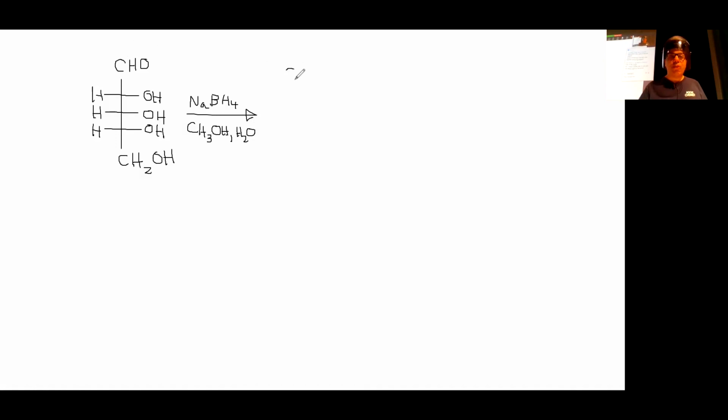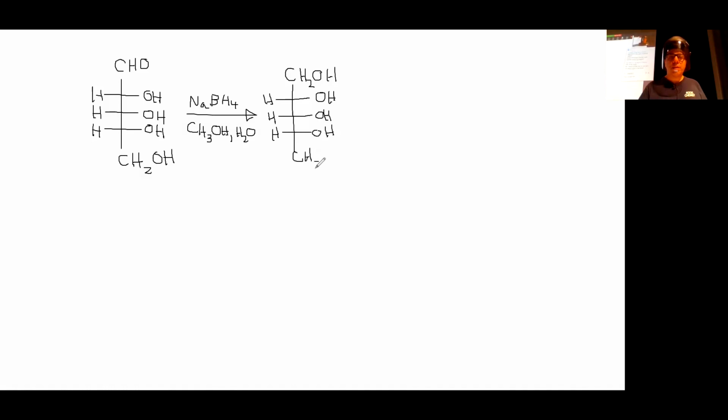We discussed how either sodium borohydride or lithium aluminum hydride, generally this is done in some sort of aqueous alcoholic mixture, aqueous methanol or aqueous ethanol, and that will reduce the aldehyde to a primary alcohol. We know that already. We learned that in chapter 9.